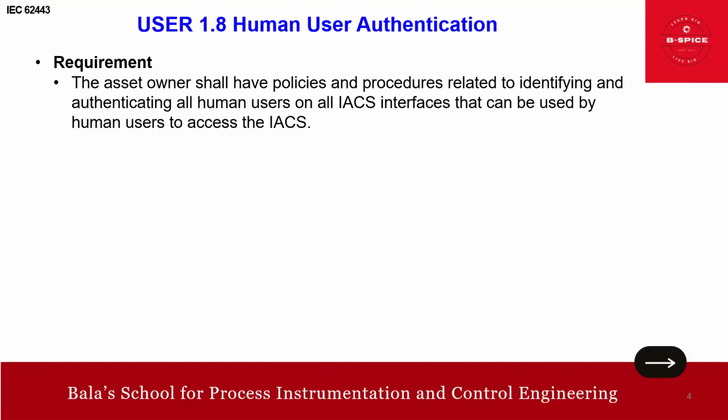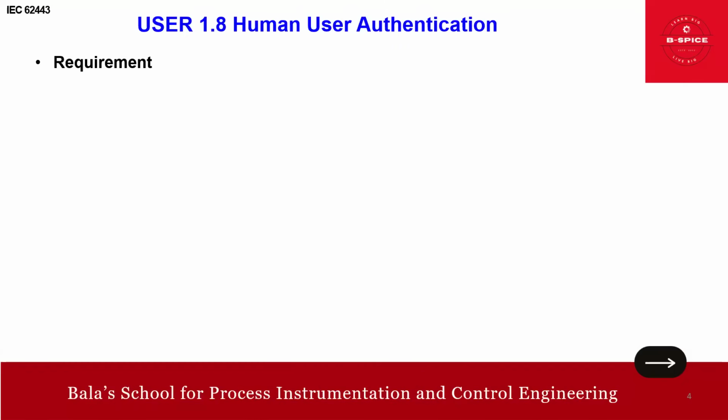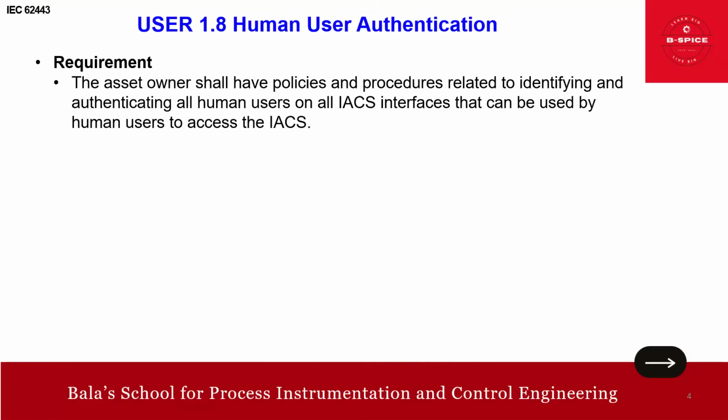There are many, but I just want to update you on a few, like device interactive human user login interface and application interfaces such as web services, file transfer, OPC server, and also the remote desktop interface that provides human users a login to access the IACS. So the requirement is like this: we need to have a policy and procedure to identify and authenticate all human users.